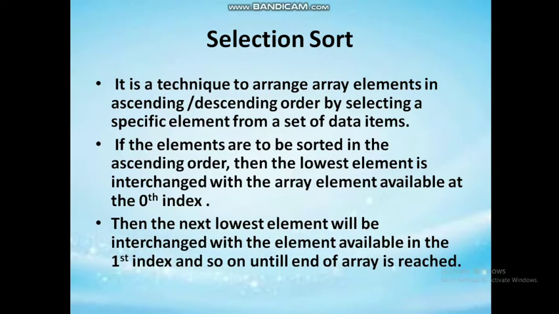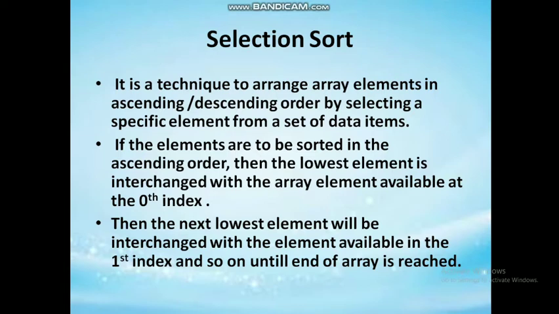Next, the next lowest element will be interchanged with the element available in the first index, and so on until the end of the array is reached. In the second iteration, the 0th index is already set with the least element, isn't it? Next we will consider the first index, that means the second element, and have a comparison, and the lowest element in the rest of the array will be interchanged with the first index.